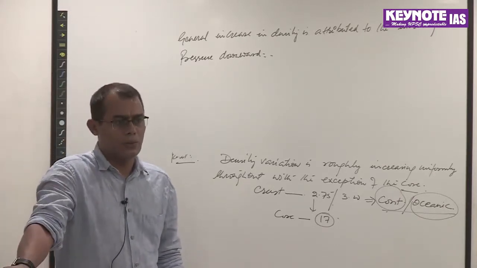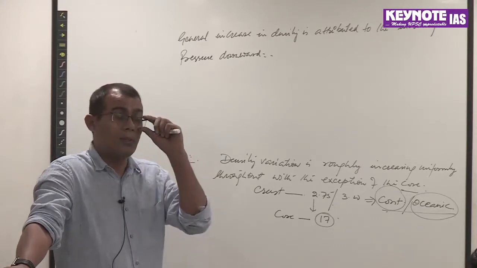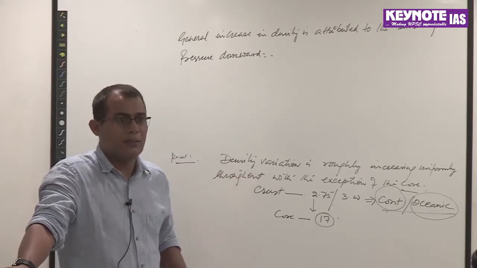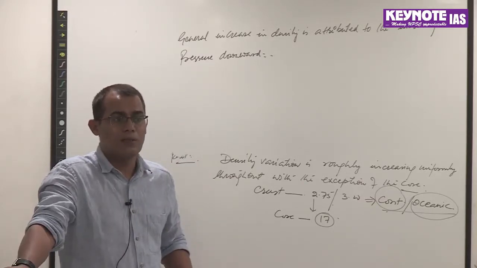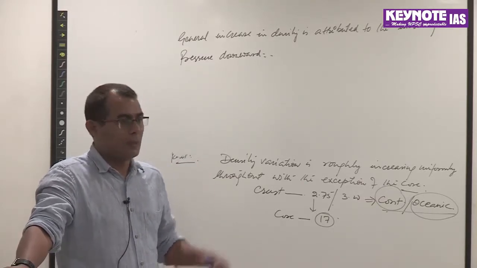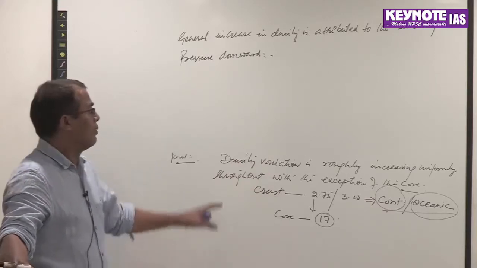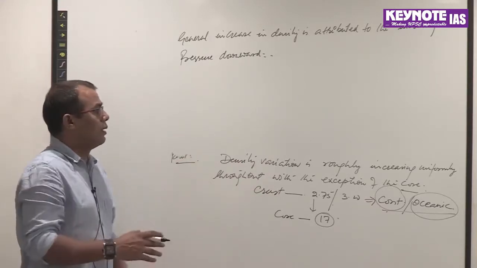Not the entire core. That has not been revealed by the physical conditions. It is basically revealed by seismology, the scientific study of the earthquake waves. And the passage we will discuss later.